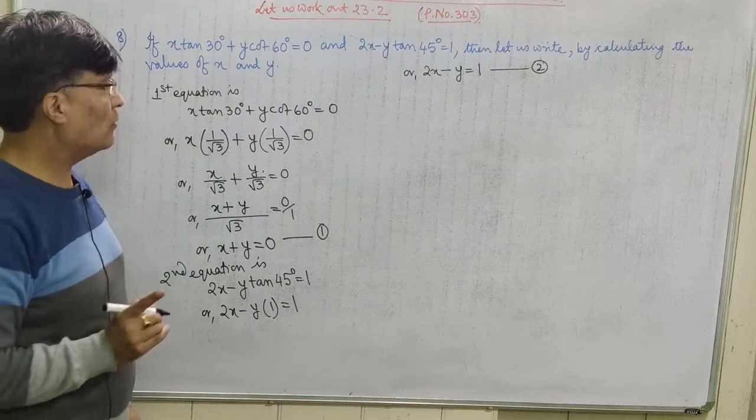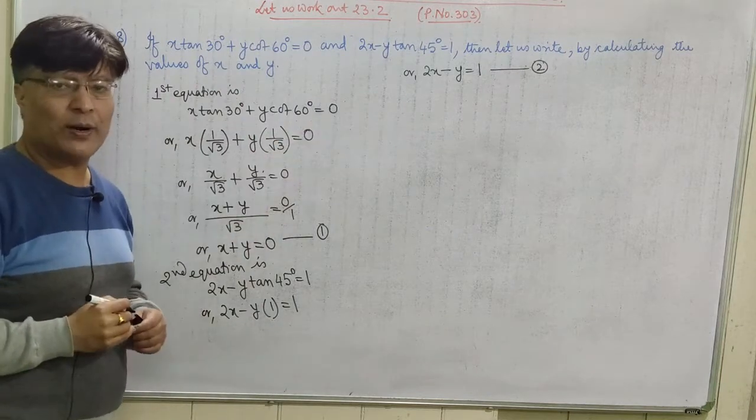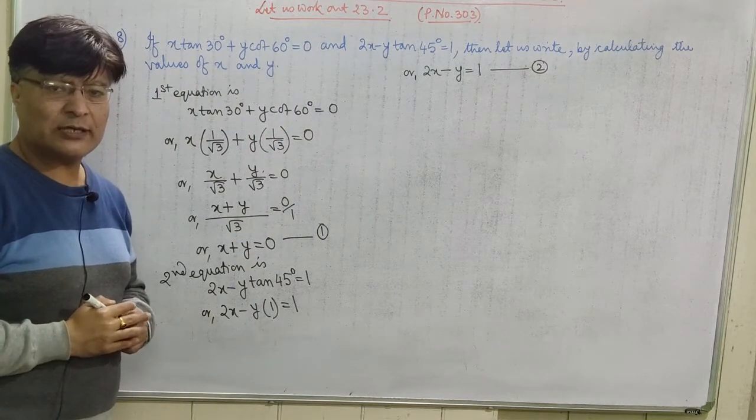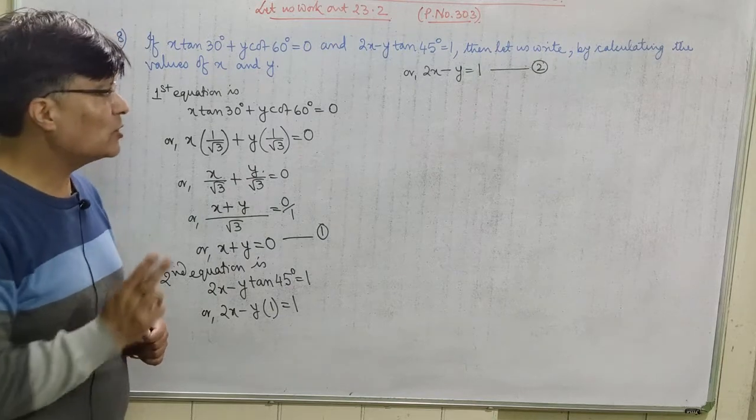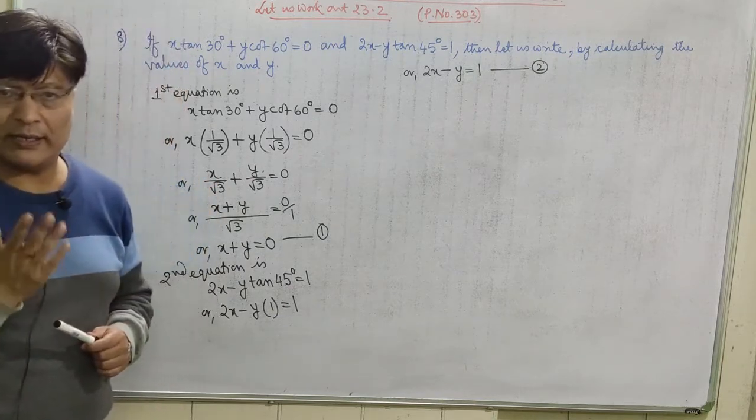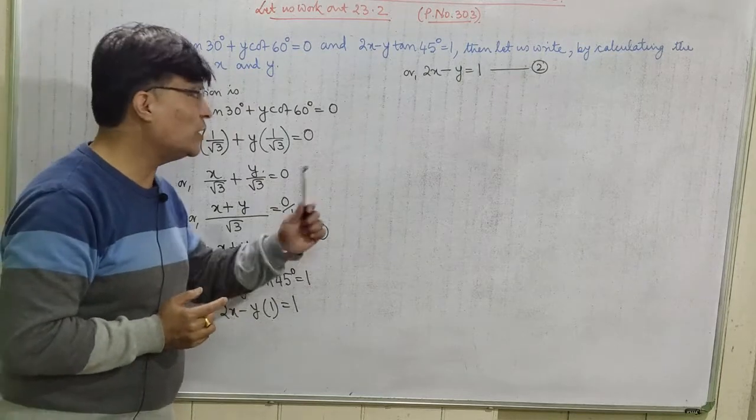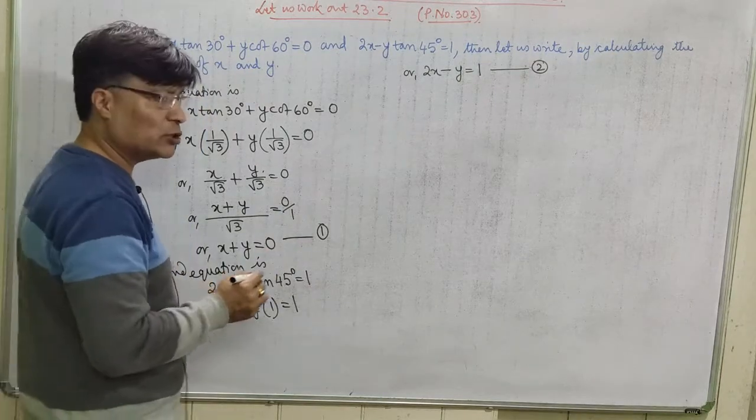So now let us solve these two equations, number 1 and number 2. Since there are two unknown quantities x and y, there should be two equations, number 1 and number 2. Now let us solve these two equations, number 1 as well as number 2.